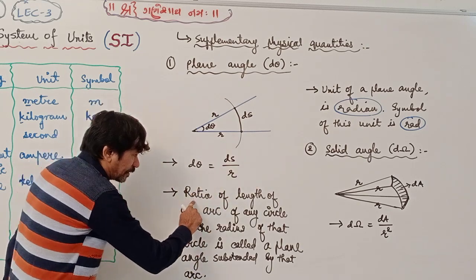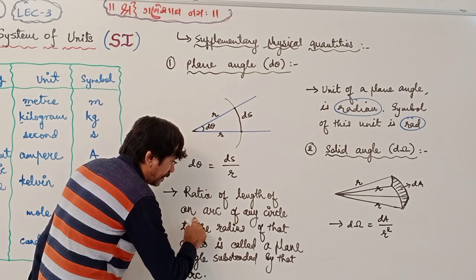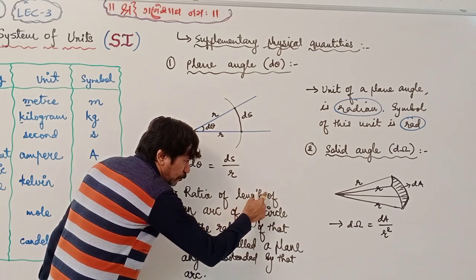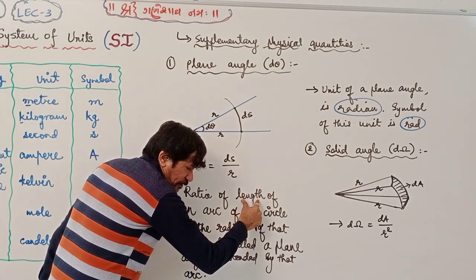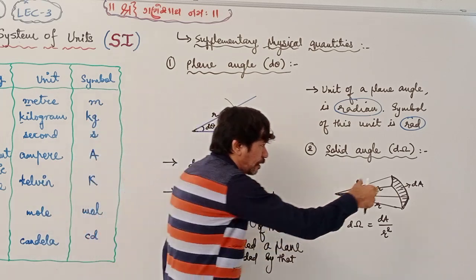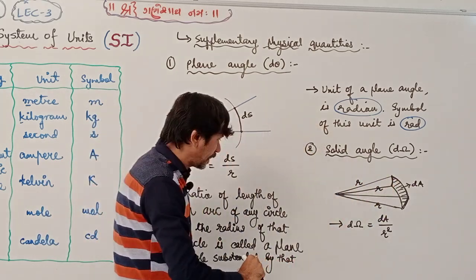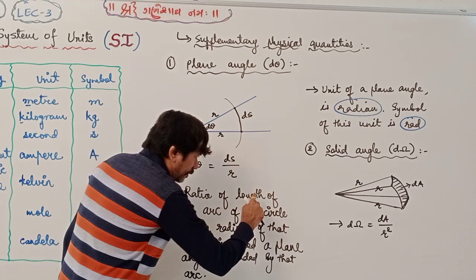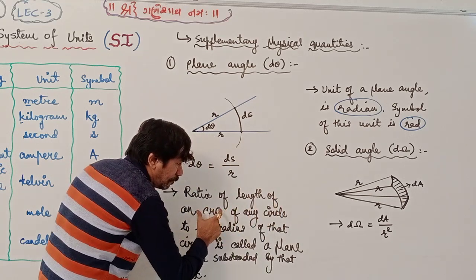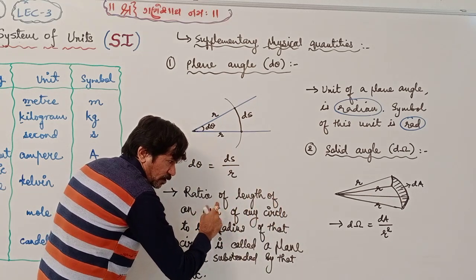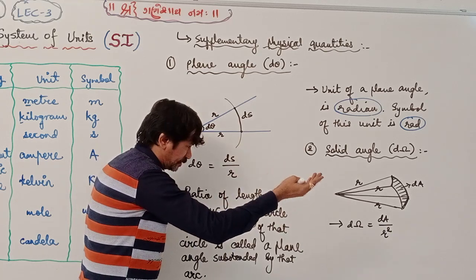Instead of the length of an arc, you will use area, area of a small part of a spherical surface.